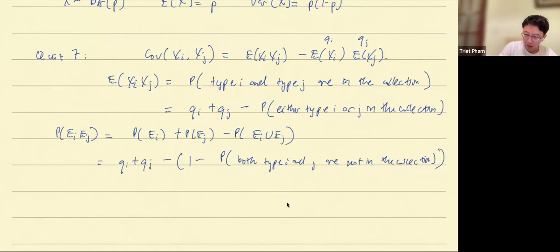And so finally, right, this will be Qi plus Qj minus, right, 1 minus. So here, basically now we can just go through each coupon, right, and make sure that it is not of type I or type J. So that's going to be 1 minus Pi minus Pj raised to the K power, like that.